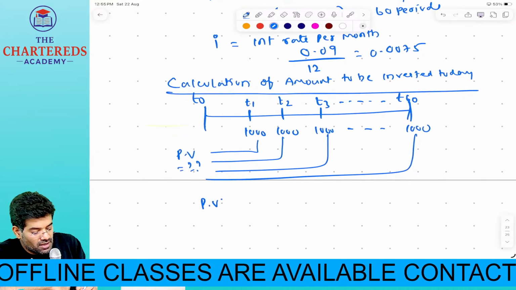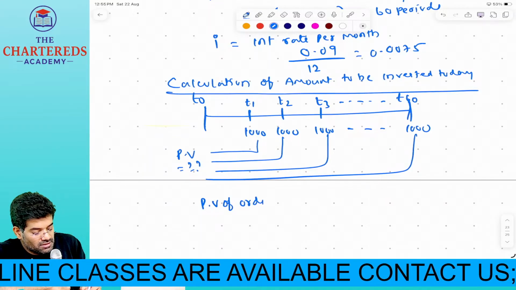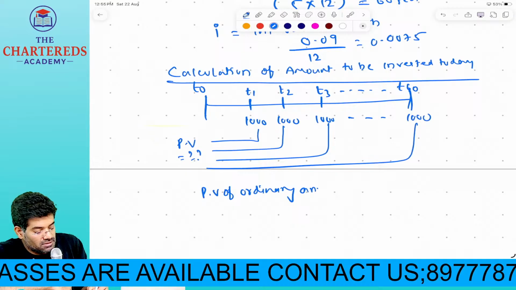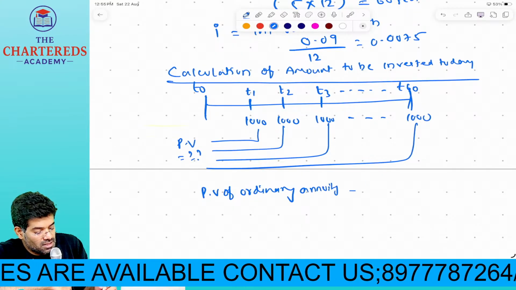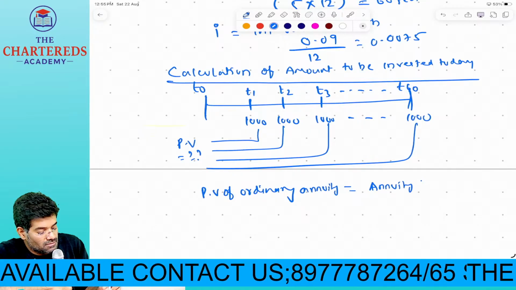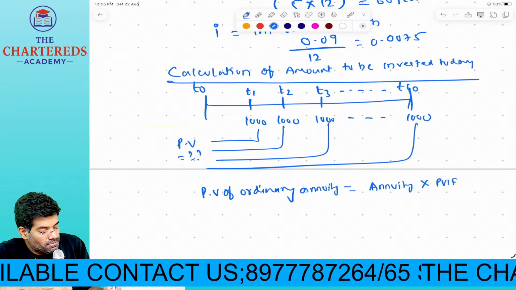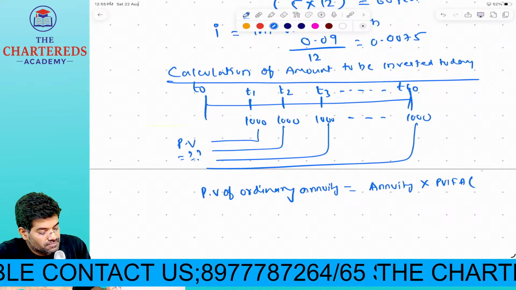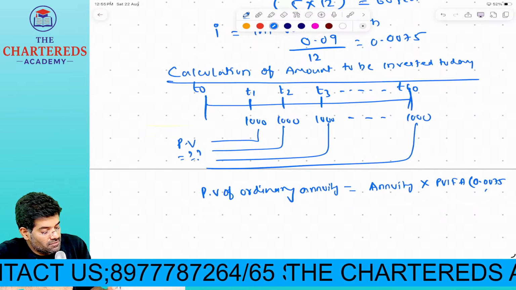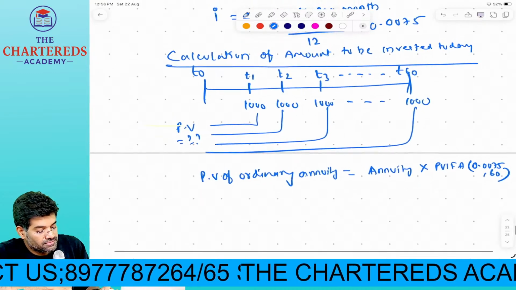So present value of ordinary annuity. If nothing is given, we assume that it is end of the period only. Is equal to annuity into PVIFA comma 0.0075 comma 60 periods.